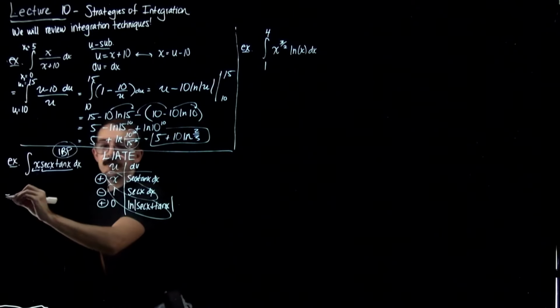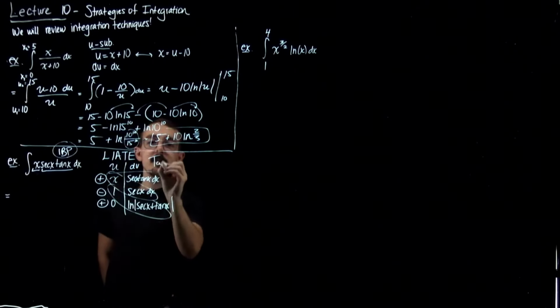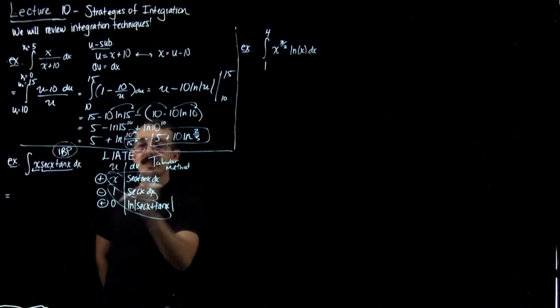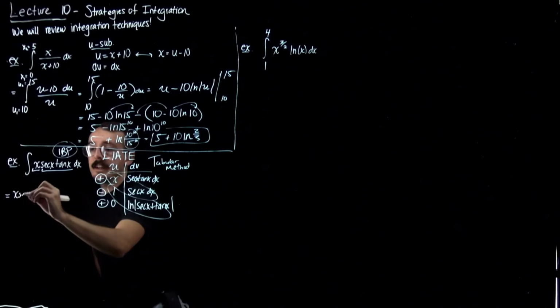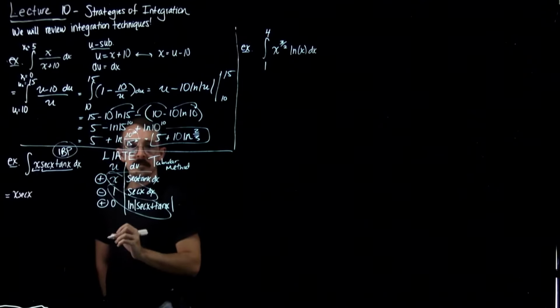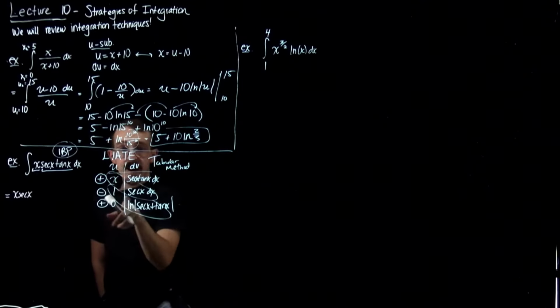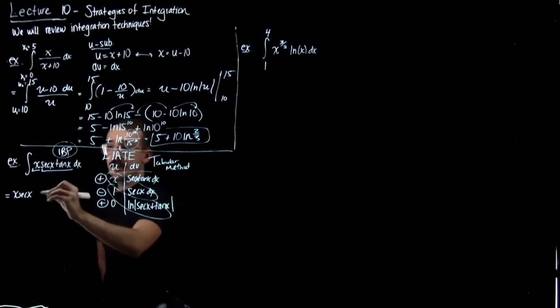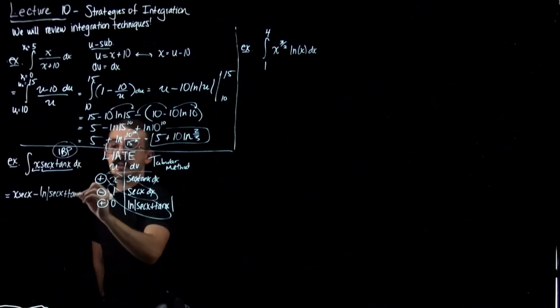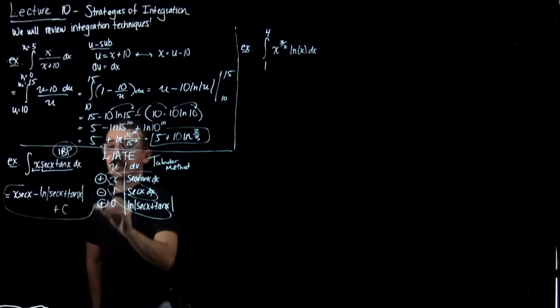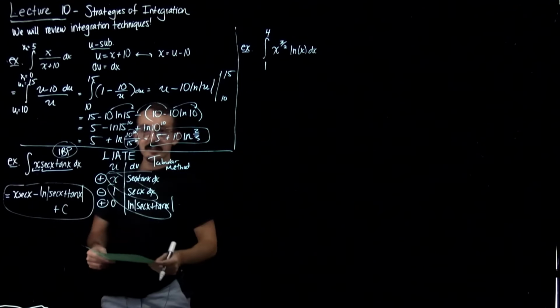So the answer to this, using the tabular method, is x secant x minus ln secant x plus tangent x, plus c, because all the other diagonals just go to 0. So that's my final answer for that.